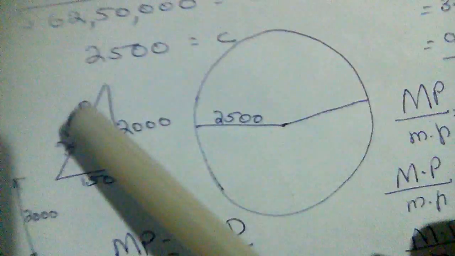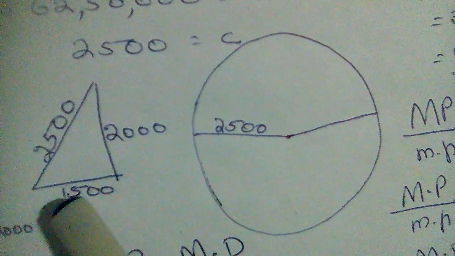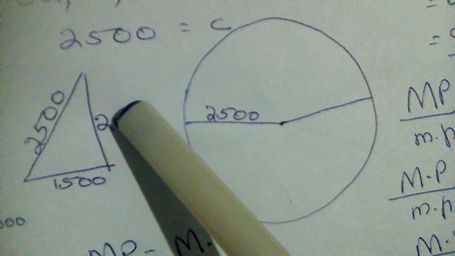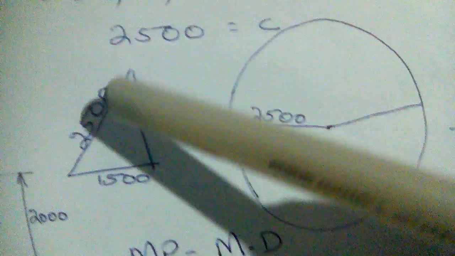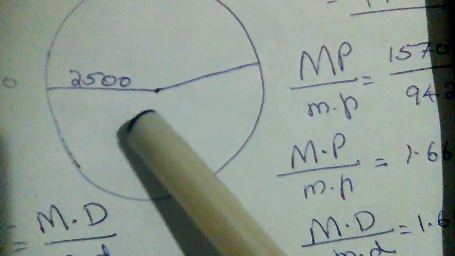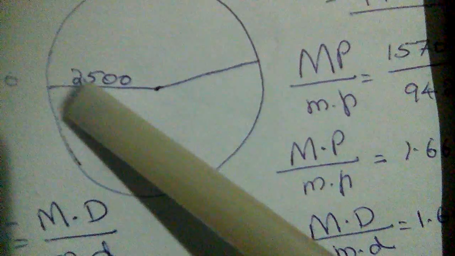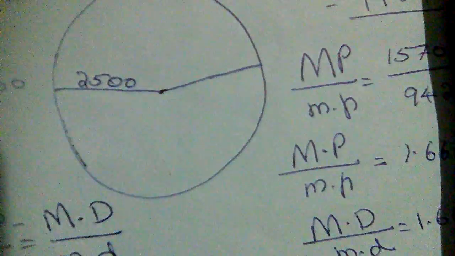I have written it here. When we use the formula a square plus b square is equal to c square, we get 2,500 as C, the hypotenuse. Now we can make one round using the radius of 2500. I have used the radius of 2500 and made a round here.